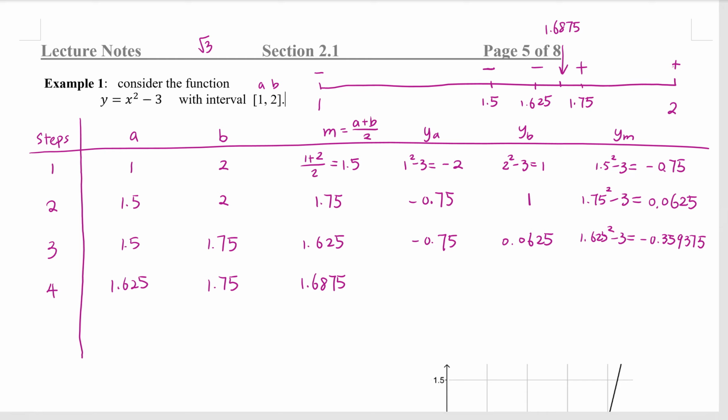YA, f of 1.625, is negative 0.359375. F of 1.75 stays the same, 0.0625. And then we have 1.6875 squared minus 3. Let's see, what is that?